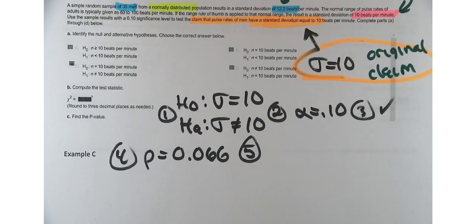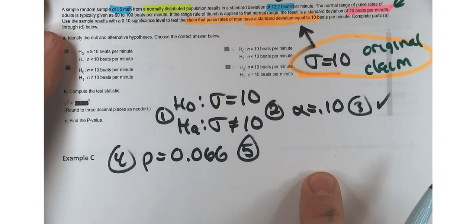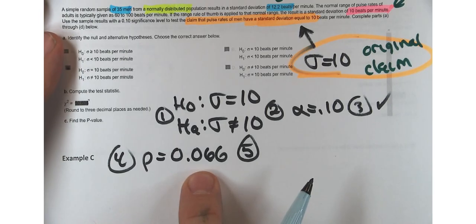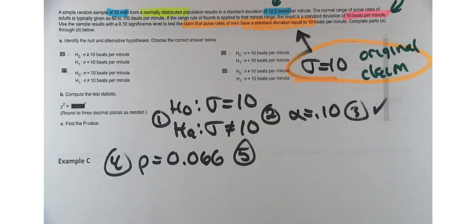What if I change my value of alpha to 0.05? Would that change my conclusion here? Yeah, you would fail to reject. So the nice thing about reporting your p-value is that people can make their own decisions. Somebody might say, yeah, I'd reject. Somebody else might say, no, that's too big.